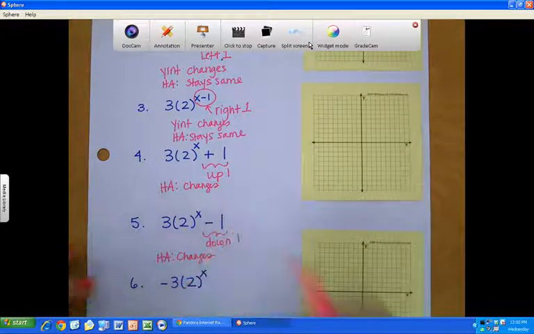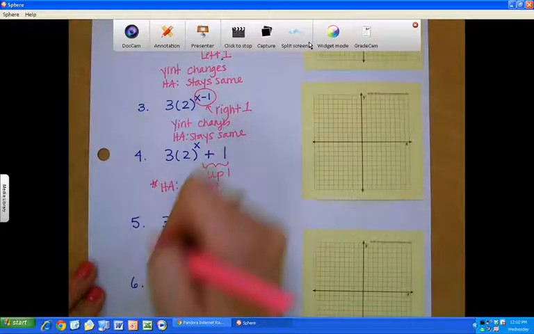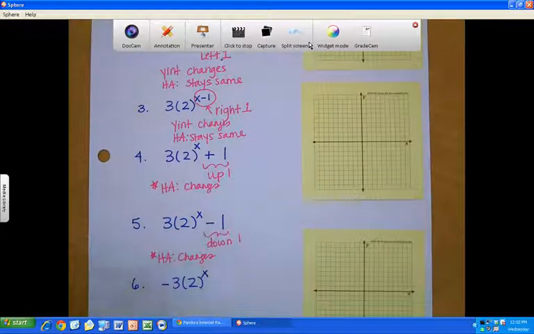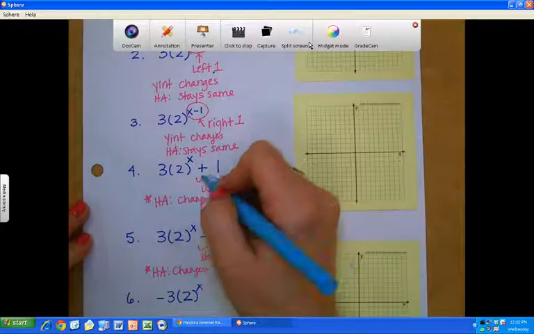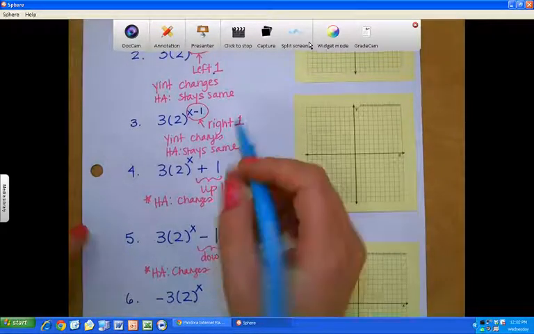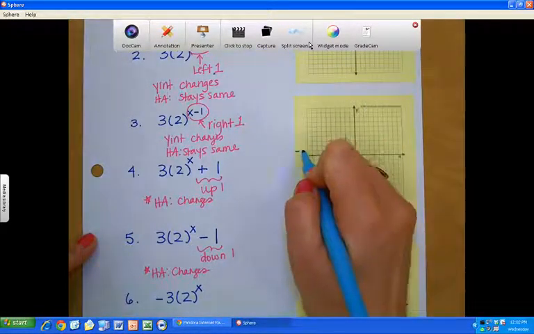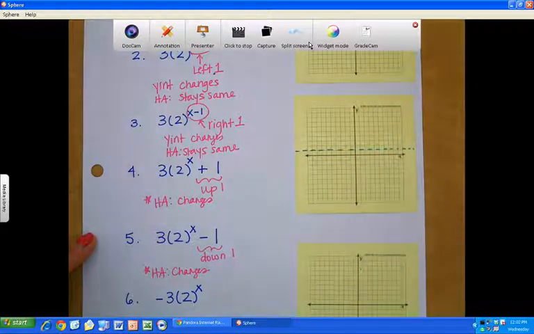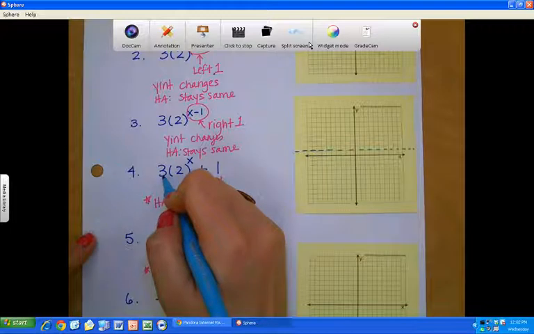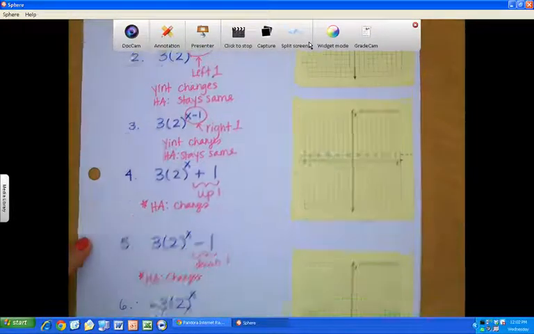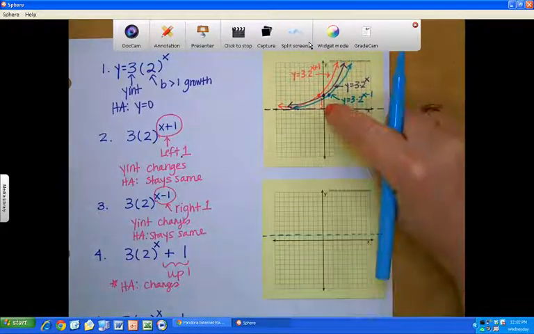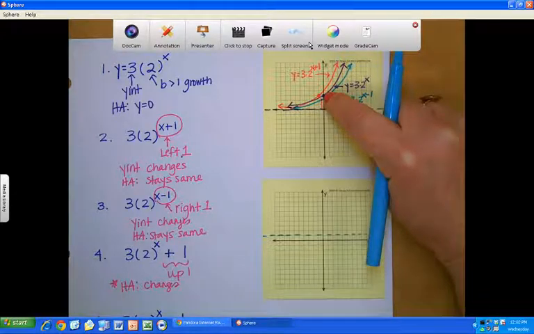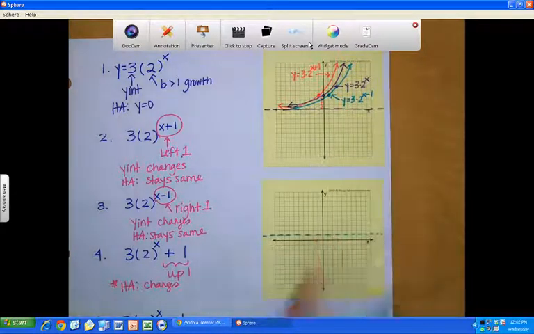So I would start with the horizontal asymptote and then do my intercept. So for this first one, it has a horizontal asymptote of 0 normally, but it goes up 1. So this time, my asymptote is right there. The y-intercept is still 3. Well, originally, if you look at the top, from the asymptote to the intercept, it has to be 3. Well, this time my asymptote moved.